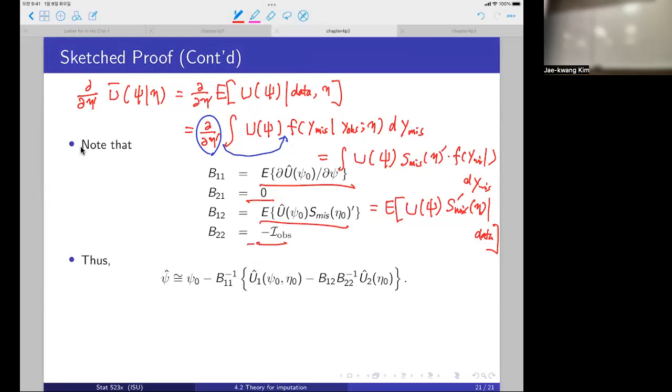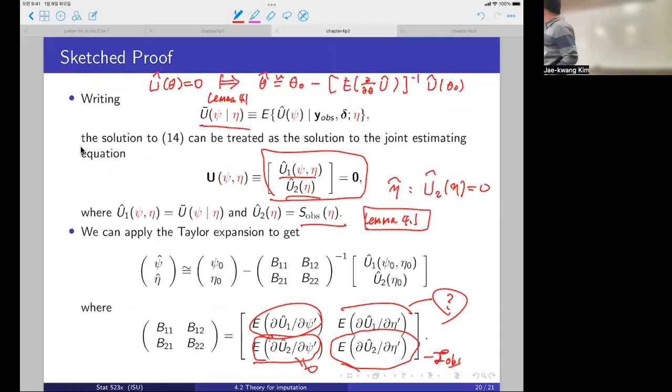Here the Taylor expansion already assumes that they are different coordinate systems, right? So this kind of expression already assumes that you have a different coordinate system as a parameter.